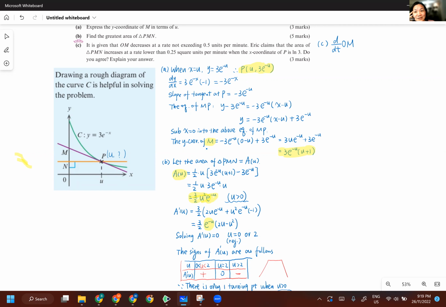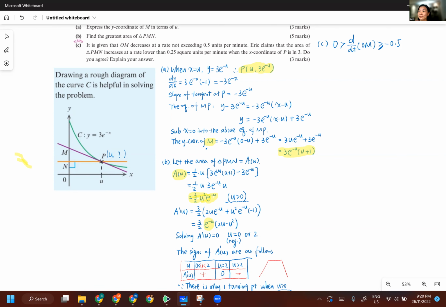Now, you must put this in, it's not very negative, it's less negative. So I will say it's negative, but bigger than negative 0.5, if you know what I mean. Not exceeding, meaning maybe it's 0.4, right?